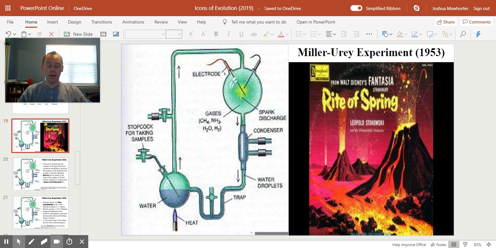Let's say that they did do that. First of all, let's say that they were able to duplicate these conditions and show that they could create life in the laboratory.